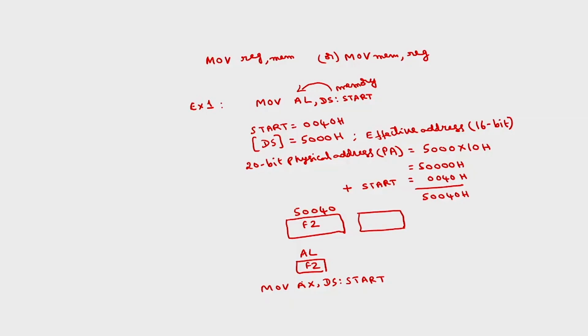The first location's contents will be transferred to AL out of AX. We have 2 parts, AL and AH. So this content F2 will be transferred to AL. The contents of 50041H, let this be something like 3E, will be transferred to AH.